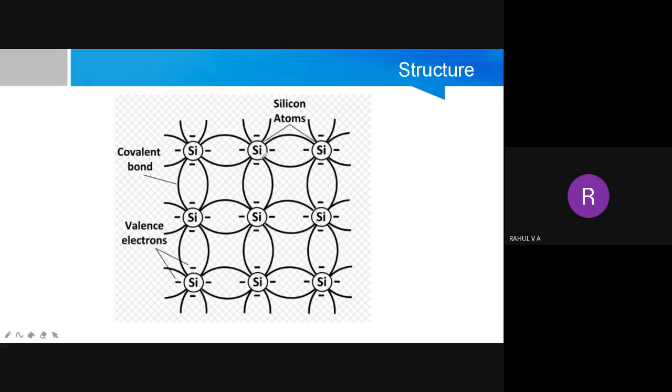For stability it will form covalent bonds with 4 neighboring silicon atoms. അതായത് ഒരു സിലിക്കൺ ആറ്റത്തിന് ഔട്ടർ മോസ്റ്റ് ഷെല്ലിൽ 4 ഇലക്ട്രോൺസ് ആണ് ഉണ്ടാവുക, ആൻഡ് സ്റ്റേബിൾ ആവുന്നതിന് വേണ്ടി ഈ സിലിക്കൺ ആറ്റം തൊട്ടടുത്ത 4 സിലിക്കൺ ആറ്റമായിട്ട് കോവാലന്റ് ബോണ്ട് ഫോം ചെയ്യും. And so it forms a complete crystalline structure like this.